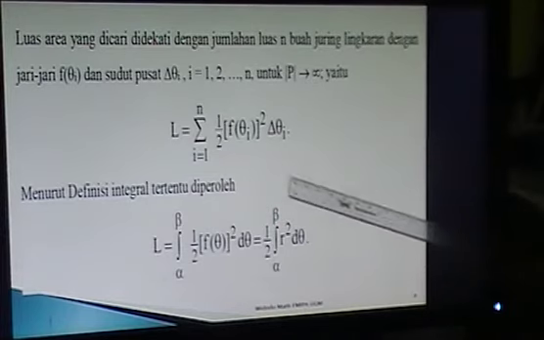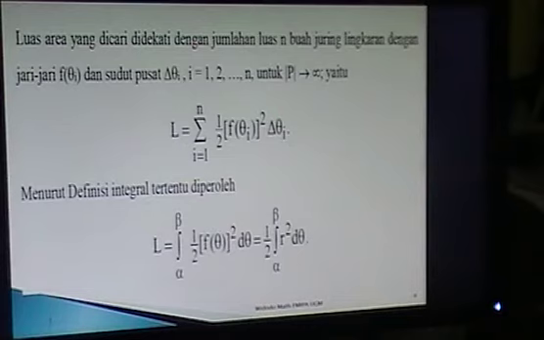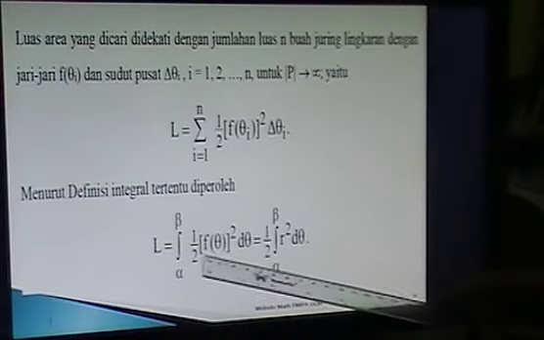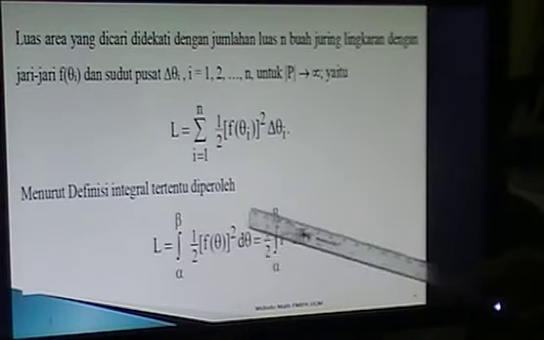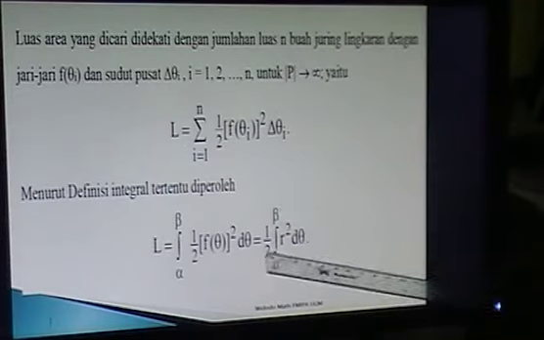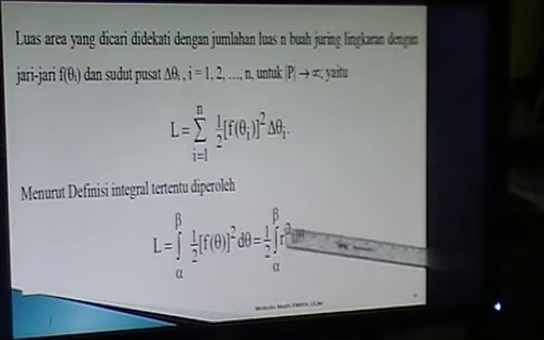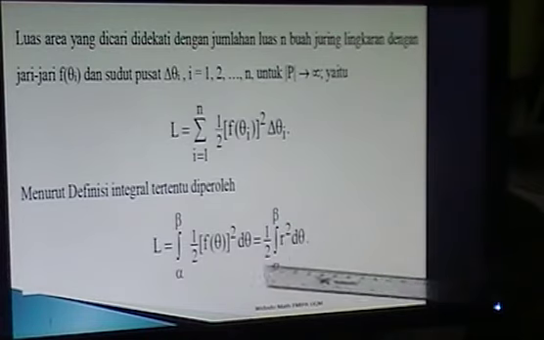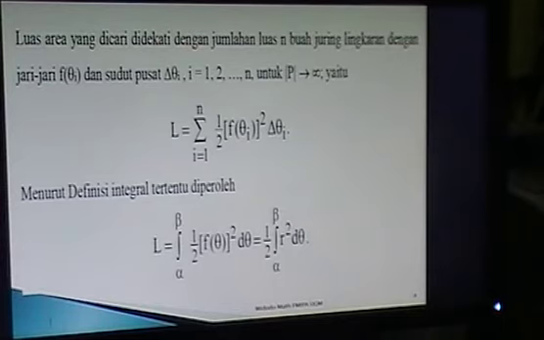Then we have the integral, so that the formula of the area in polar coordinates becomes the integral from alpha to beta of 1/2 f theta square d theta. Briefly, we write it as 1/2 integral from alpha to beta of r square d theta, where r is equal to f theta. So we have this formula.